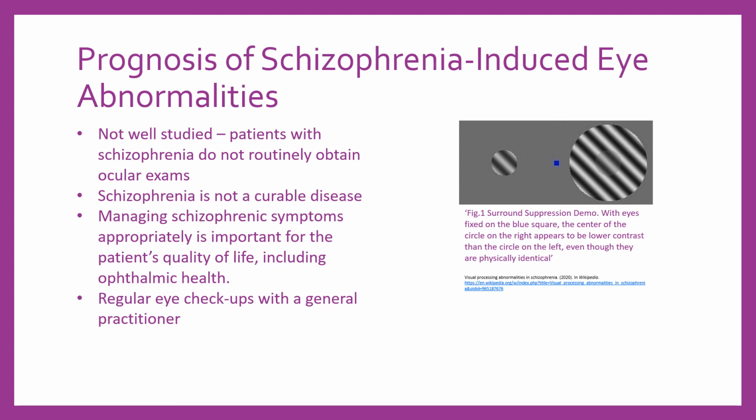And overall, I'd say the prognosis would be adequate and pretty good when managing schizophrenic symptoms appropriately. This is also important for the patient's overall quality of life and ophthalmic health. It would also help a lot for the patient if they have regular eye checkups with their general practitioner.